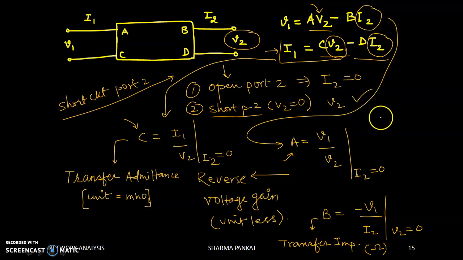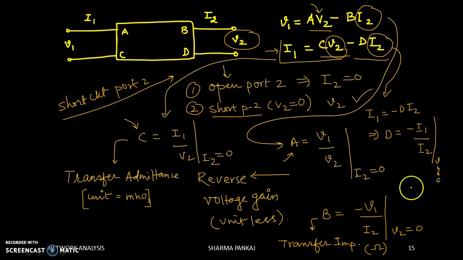It means the parameter D will be equal to minus I1 upon I2 under the condition that V2 is 0.